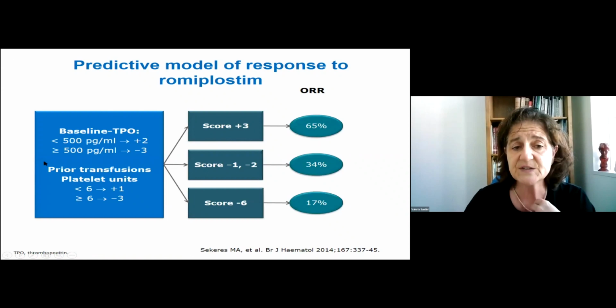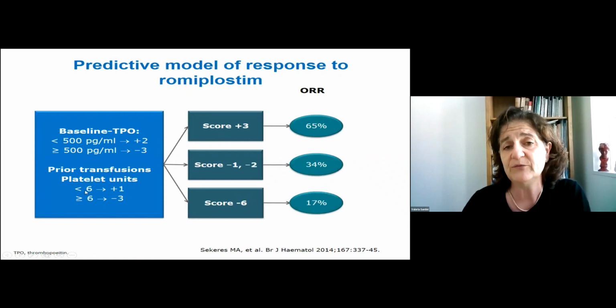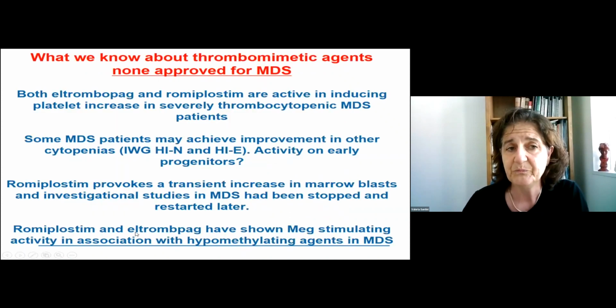There is also the attempt to find a model of response. Factors predicting response to romiplostim are the baseline endogenous TPO level and the number of platelet transfusion units needed, and you see that you may create a score similar to what we are used to having for ESAs. So we know a lot about these two drugs, but none is approved for MDS.